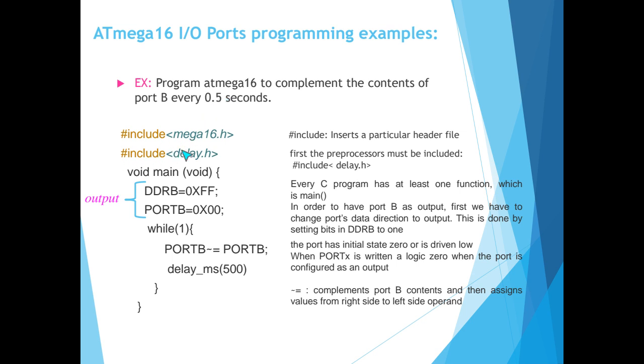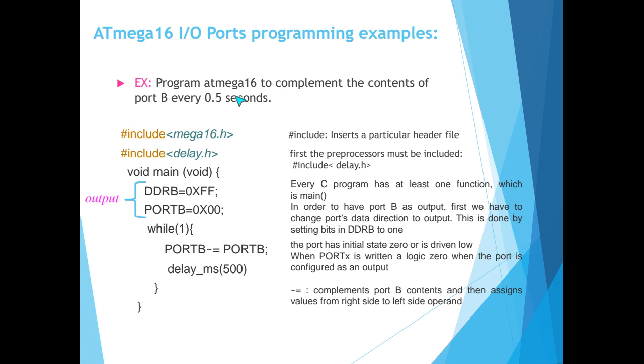And as you see, we added it. After that, we have our main function, which is void type because we don't want to return any value. We only want to complement the contents of port B.